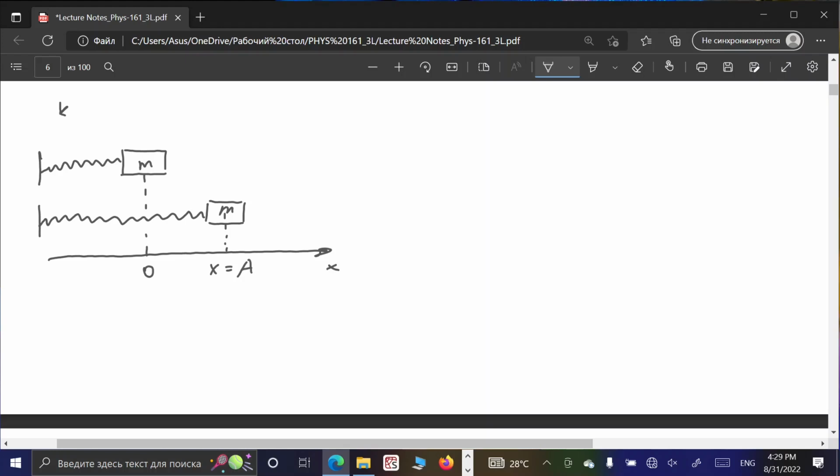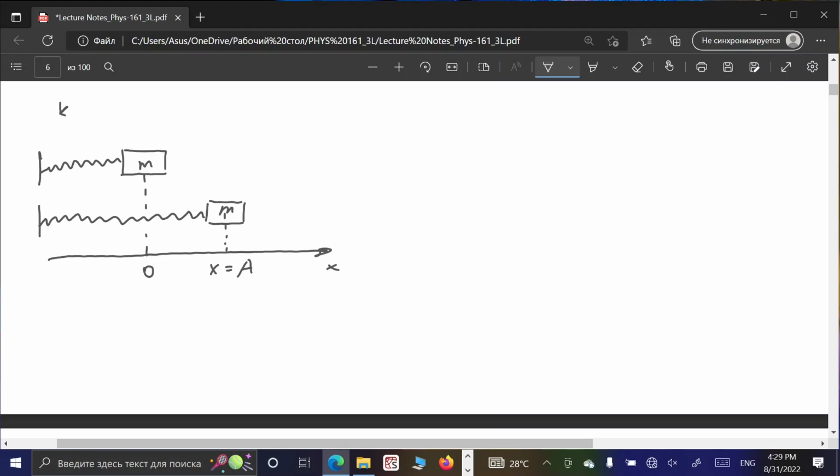It reaches coordinate x, which is the maximum displacement from the original equilibrium condition, and that results in the case when we don't have any motion of this block anymore.